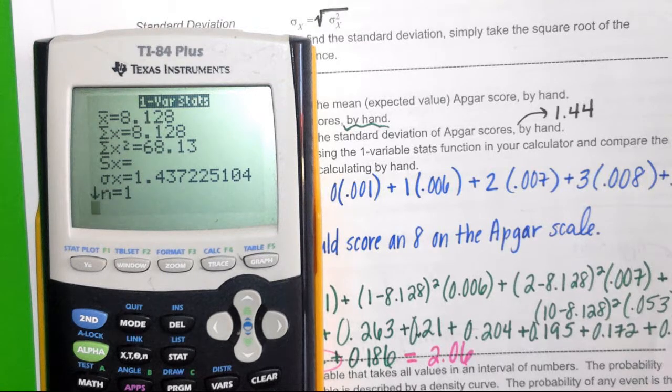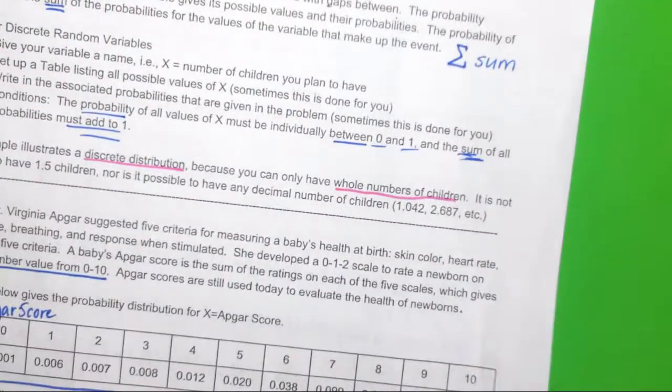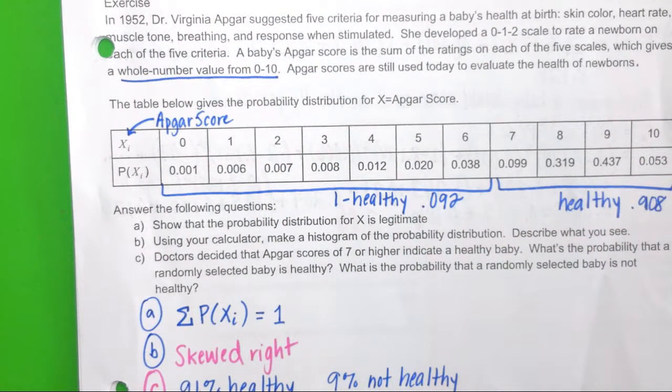We were talking about discrete random variables. So on that score, back to the APGAR thing, a baby could get a score of a 2 or a 3. There was no option for a baby to get a 2.5 or a 2.2. So that was a discrete variable. We could actually count the number of outcomes.